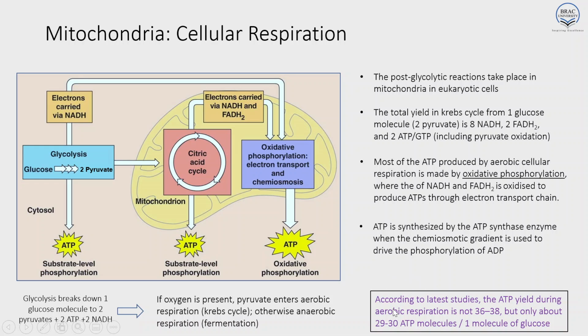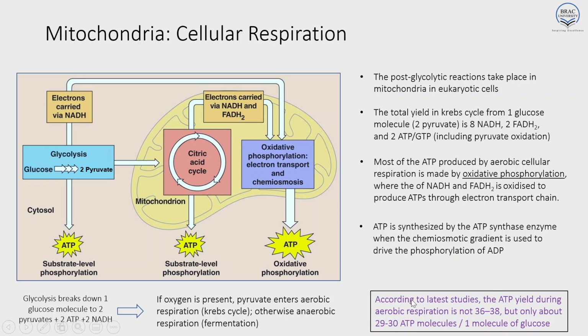So here is one caveat: the ATP is supposed to be 36 to 38 in theory, but in practice, in experiments, we see that we get around 29 to 30 ATP. That is less than the theoretical ATP.